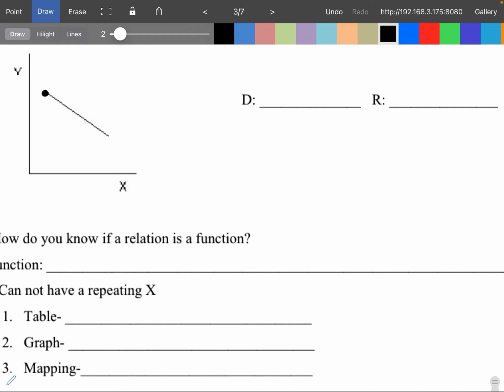Let's see. So for the graphing one, we're going to have to put some numbers on this graph. Let's make it more interesting here. Let's say that point right there is the point 1, 4.